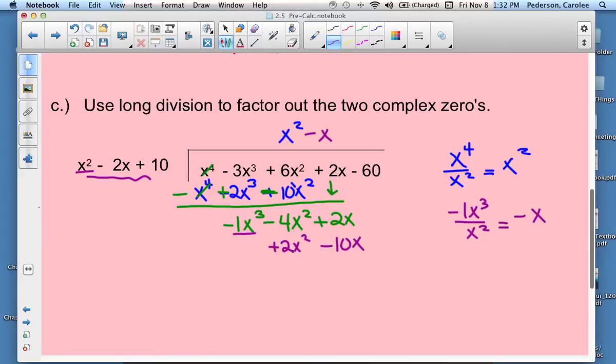Negative x times x squared is negative x cubed. Change the signs. Positive, negative, positive. These cancel. Then we're left with negative 4x squared minus 2x squared is negative 6x squared, plus 2x plus 10x is 12x, and then bring down our last term of minus 60.